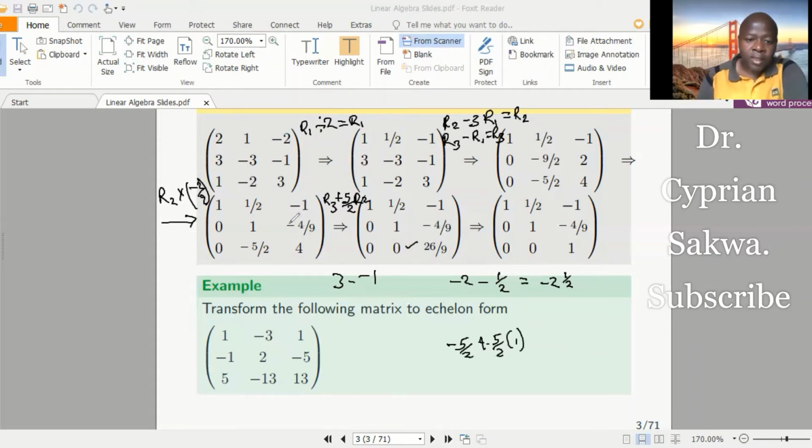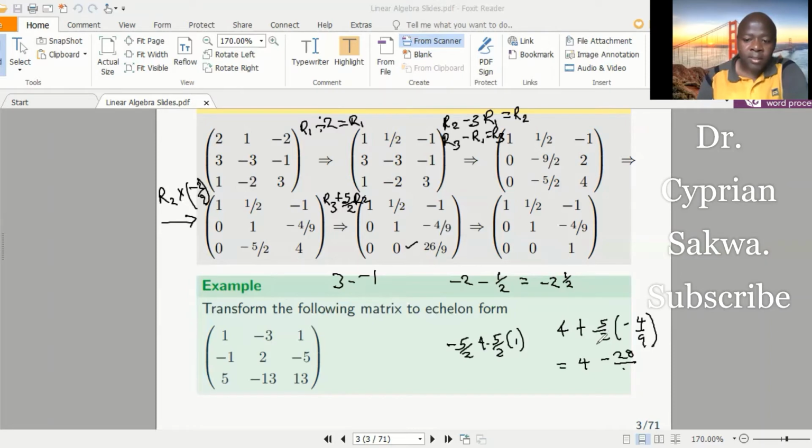I do that again for these other elements. 4 plus 5/2 of -4/9. This gives me 4 minus 20/18.